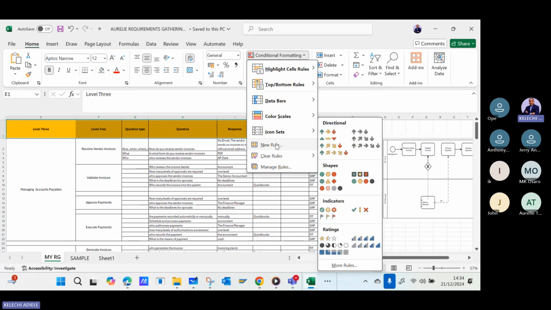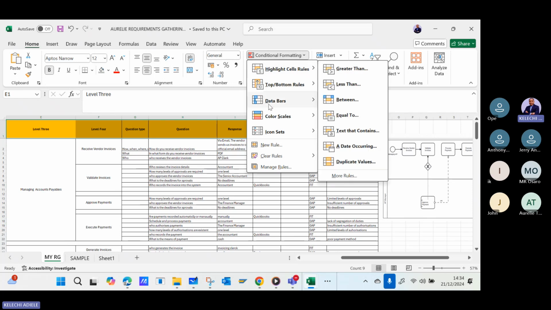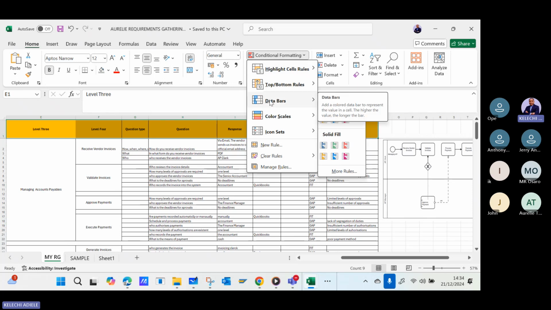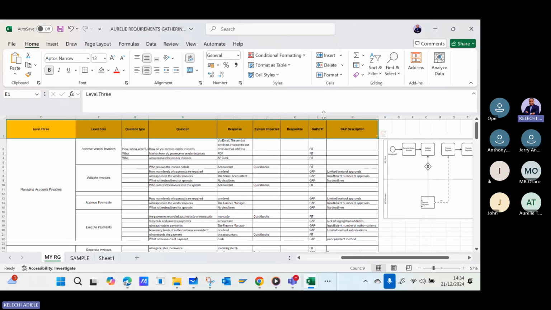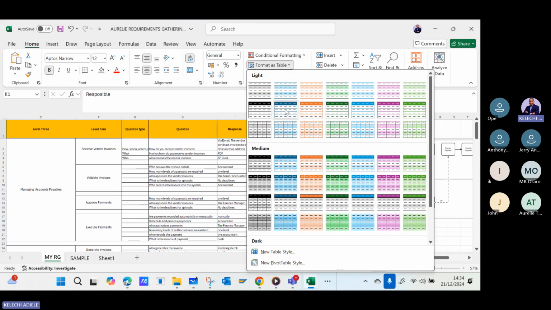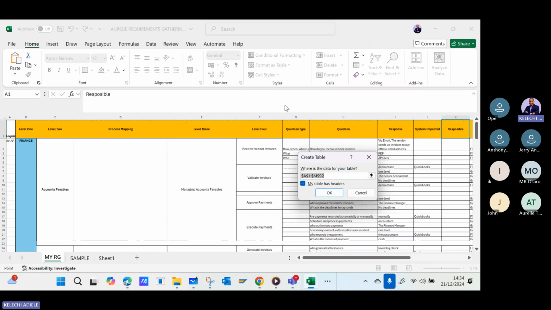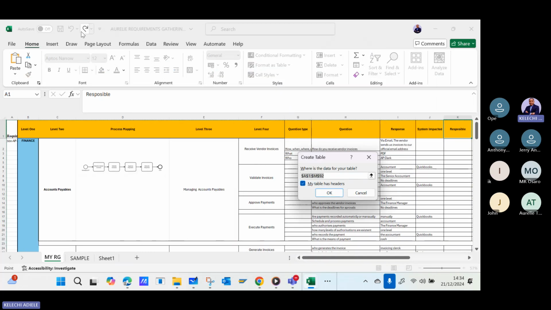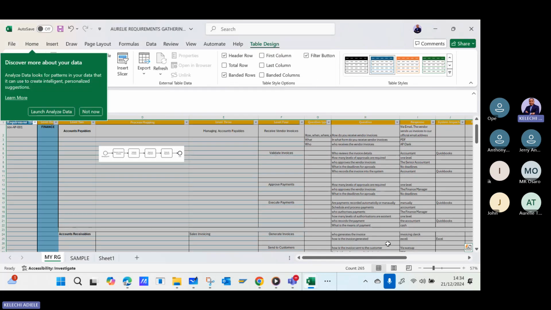Let me see. Should be this one. So format tables. This is going the other way. Okay, I think. Let me see. Awesome.